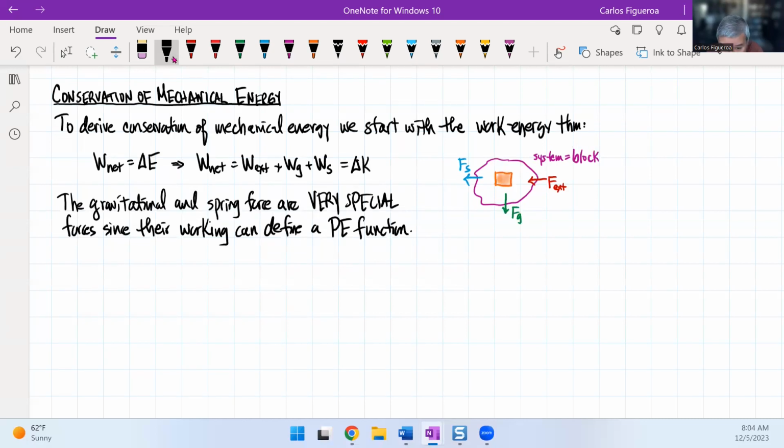We can't do that with friction, but we can do that with the spring force, and we can do it with the force of gravity.